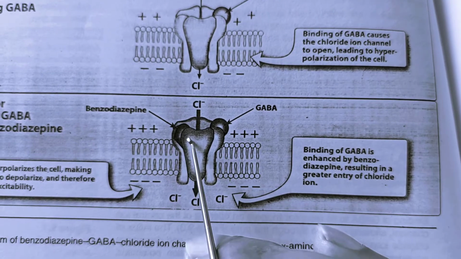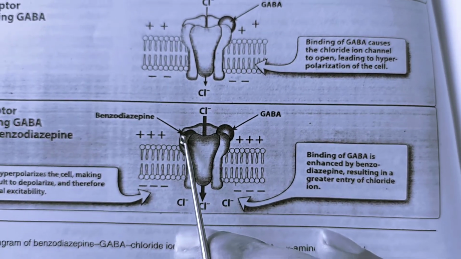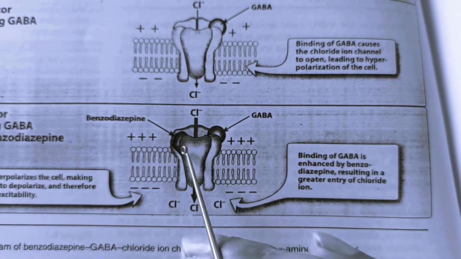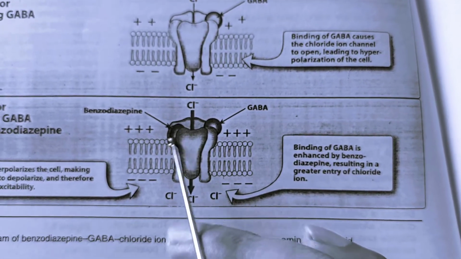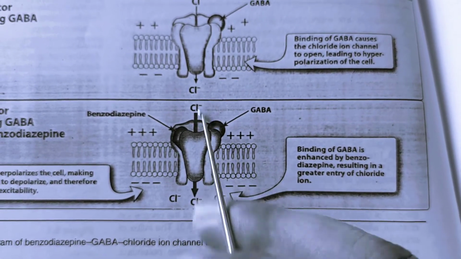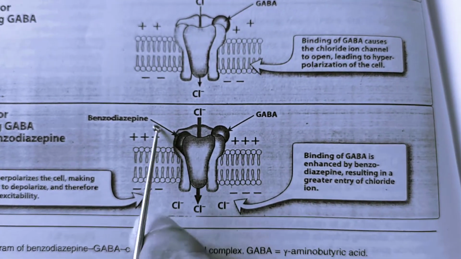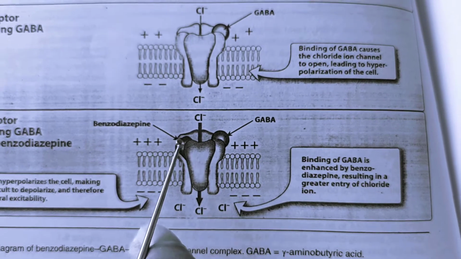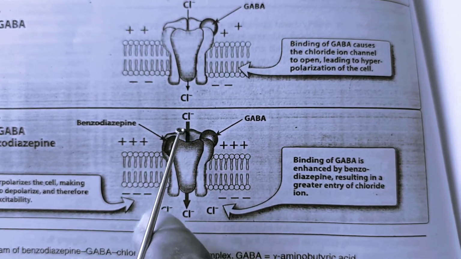And another thing, the antagonist of benzodiazepine, flumazenil, you have to memorize this, binds in here. But after binding the benzodiazepine in this site, the effect is not the opening of the chloride channel.